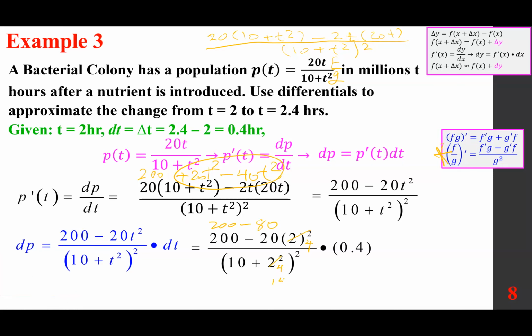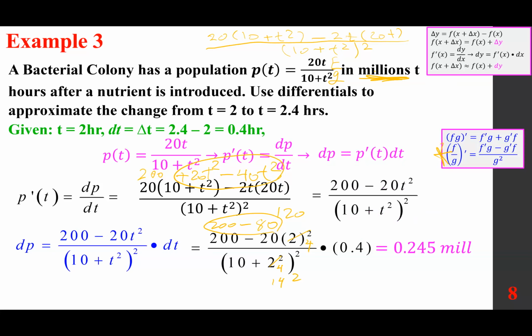So we have 14 squared. 120 divided by 14 squared times 0.4 gives us 0.245 millions. So it's important to see where this number comes from. That is extremely important to see that.